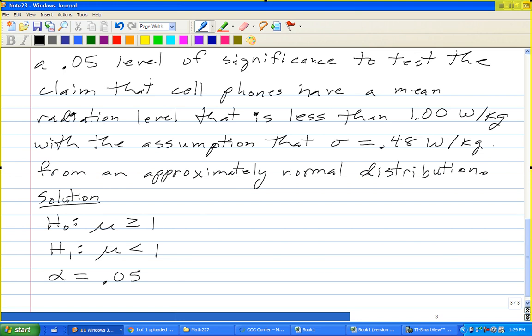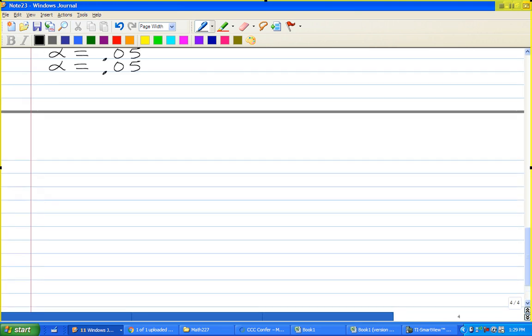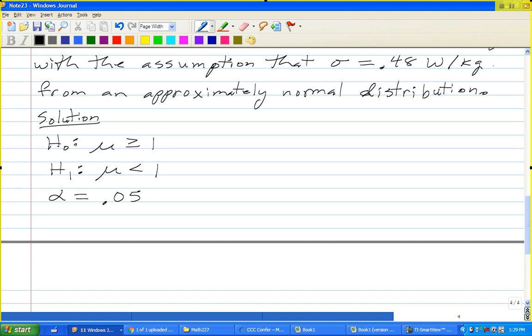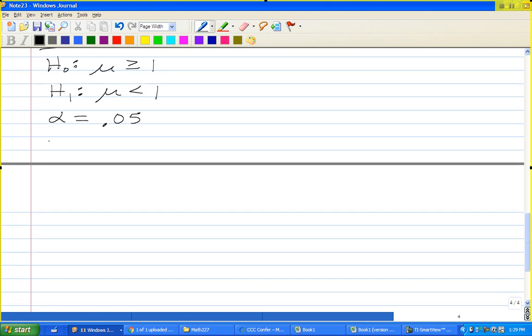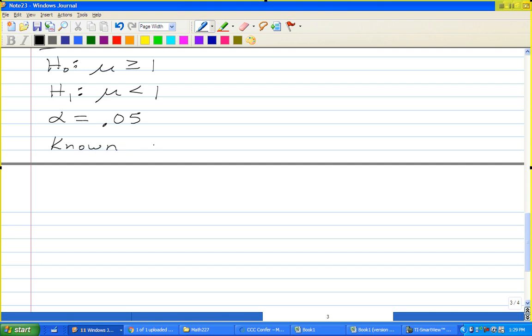And so let's test this. Note that we know the population variance. Therefore, our sampling distribution will be normally distributed.